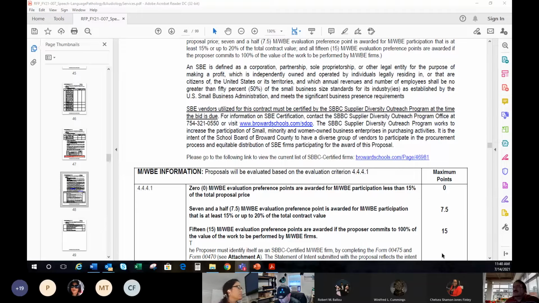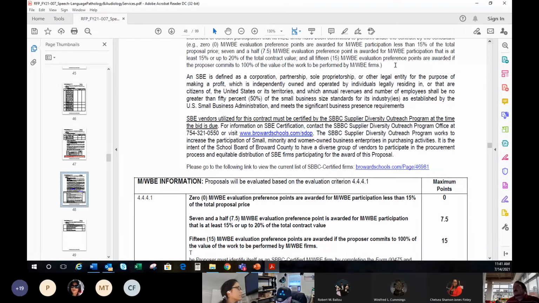For example, 15 MWBE evaluation preference points are awarded if the proposer commits 100% of the value of the work to be performed by MWBE firms. That's pretty self-explanatory. So if you're certified with the EDDC office as an MWBE firm, you're basically committing your services at 100%, so you would receive 15 points for that.